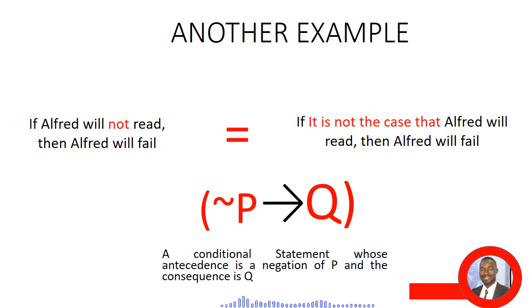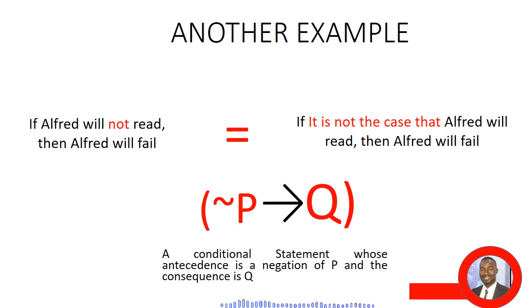However, let us try another example using our last episode lesson on negation and how to incorporate it in conditional statements. Let's take the statement, if Alfred will not read, then Alfred will fail. If you remember in our last episode, not signifies negation, and negation is represented in a logical statement as it is not the case that.